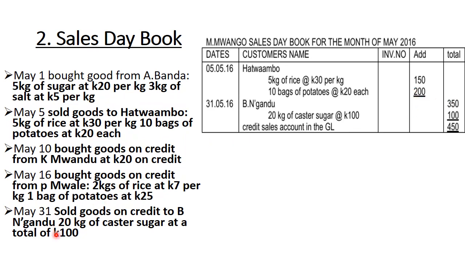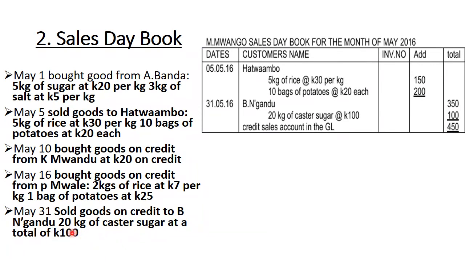Then also we have this transaction here, sold goods on credit to Bingandu. So Bingandu, 20 kg of caster sugar at a total of 100 kwacha. Okay, so if you read this English, it says sold goods on credit to Bingandu 20 kg of caster sugar at a total of 100 kwacha.